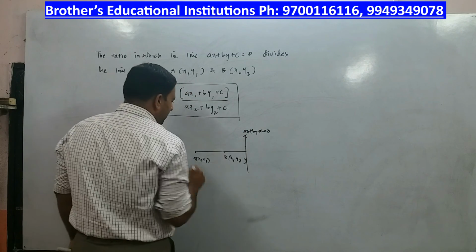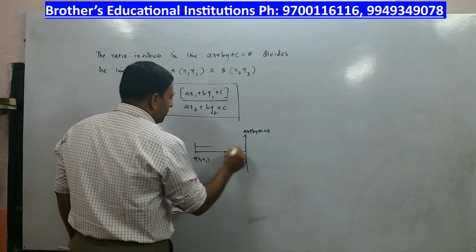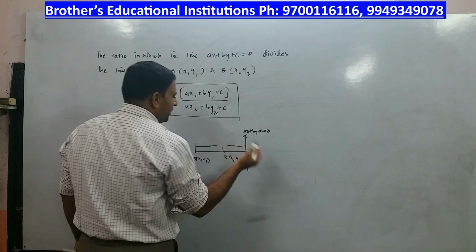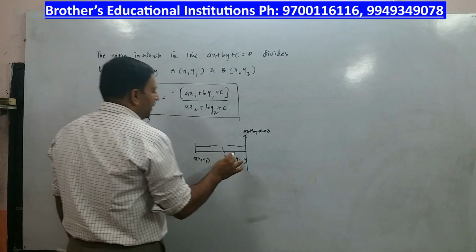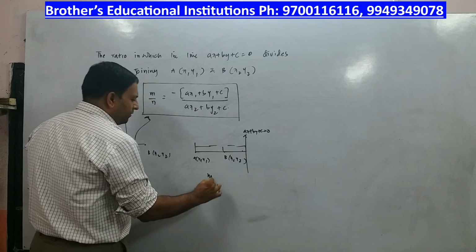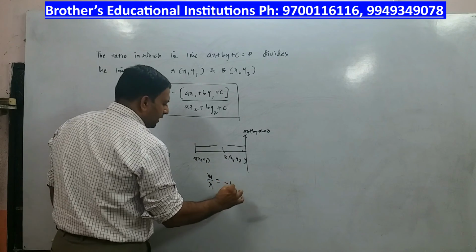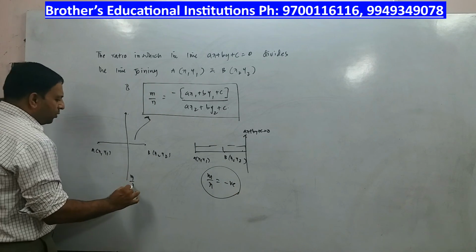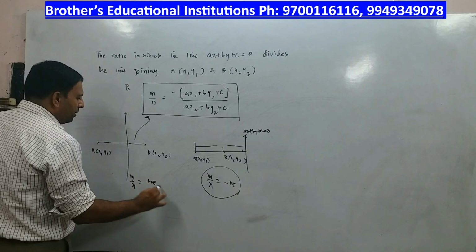Now this line is dividing these 2 points in some ratio, and that ratio is an external ratio. Means here the ratio whatever you get finally, m by n, the result will be a negative value, and here whatever final value you get for m by n, the result will be a positive value.